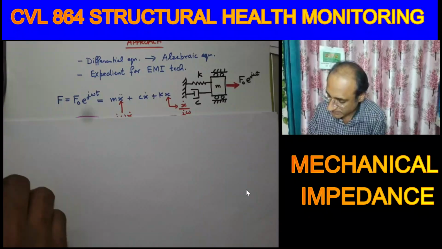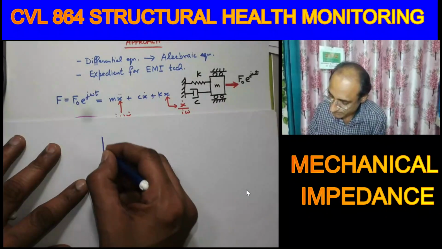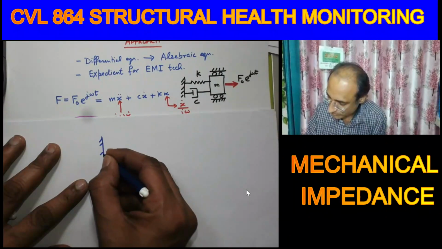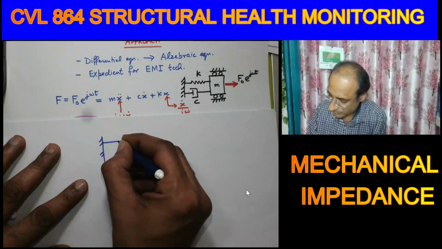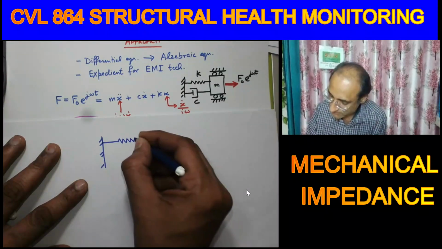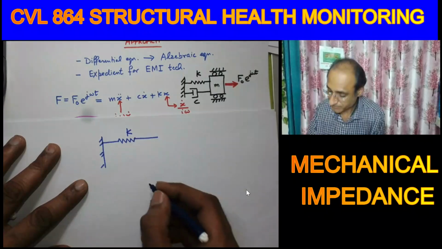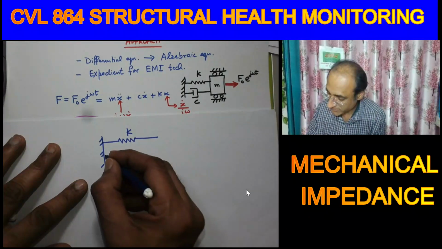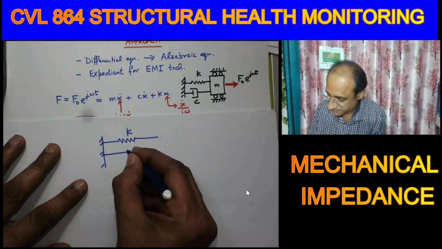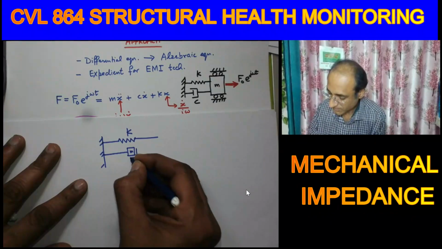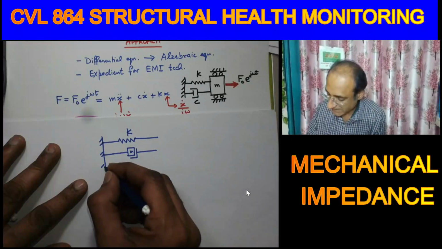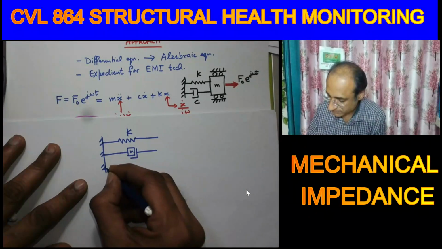We'll show like this, that we have a spring element like this, the mass element is like this now, and then the damper or the dashpot.